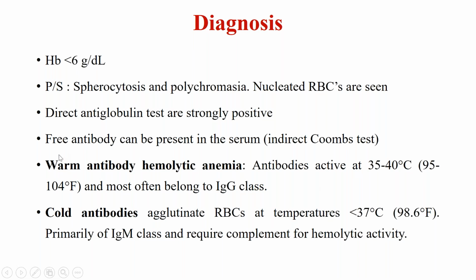We detect the warm antibodies, that is, antibodies active at 35 to 40 degrees Celsius, belonging to the IgG class. But cold antibodies are active only at less than 37 degrees Celsius and they require complement also for hemolysis. If the cold antibodies are present but there is no complement, then hemolysis will not occur.